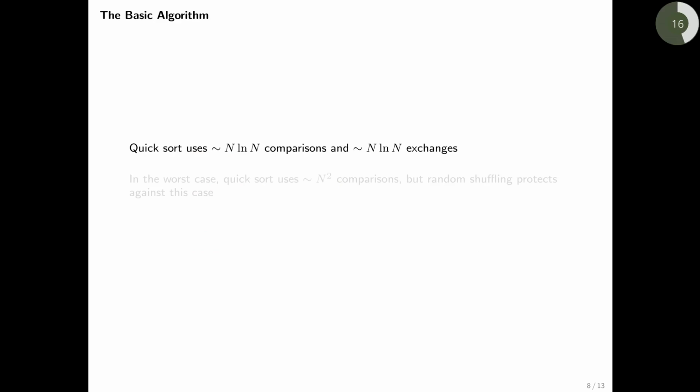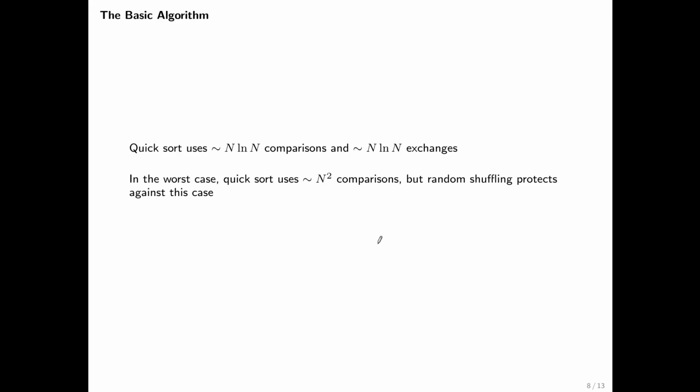So what's the running time of the Quicksort algorithm? Well, Quicksort uses approximately n log n comparisons and as many exchanges. In the average case, the running time of Quicksort is linearithmic, n log n. But in the worst case, Quicksort uses approximately n squared comparisons. And when does that happen?